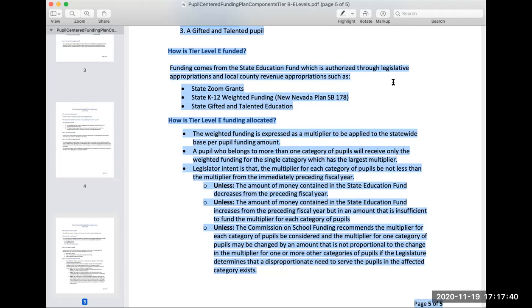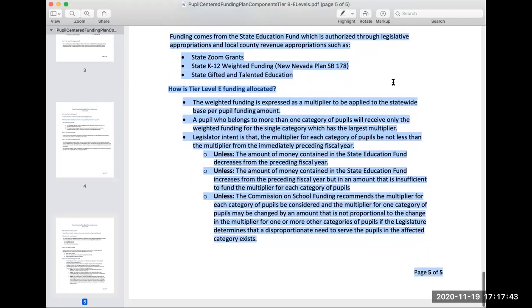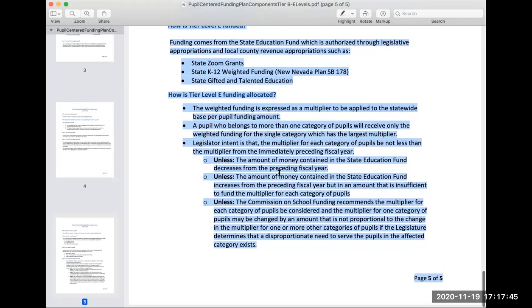Legislative intent is that the multiplier for each category of pupils be not less than the multiplier from the immediately preceding fiscal year, unless the amount of money contained in the state education fund decreases from the preceding fiscal year, or unless the amount of money contained in the state education fund increases from the preceding fiscal year but in an amount that is insufficient to fund the multiplier for each category of pupils, or unless the Commission on School Funding recommends the multiplier for each category of pupils be considered.